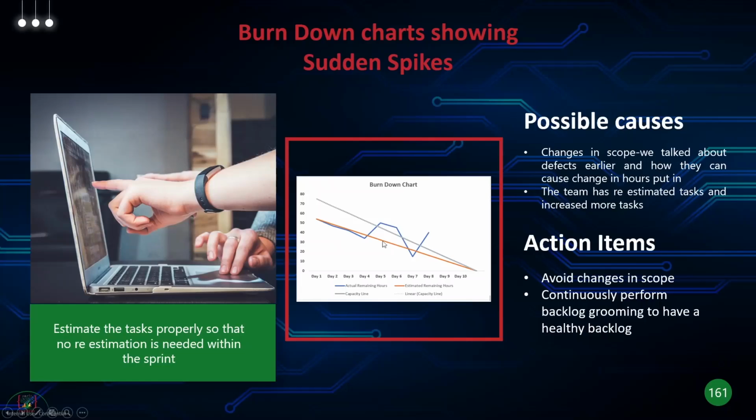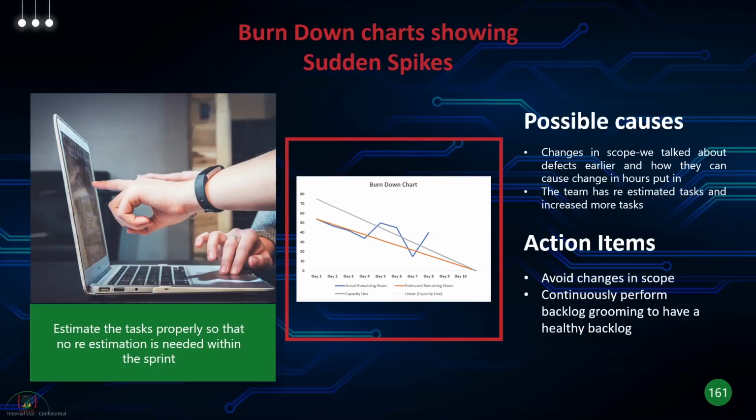So, the possible causes could be there might be a change in scope, right? The team members may not have put in the hours properly. So, once they put in the hours, your actual remaining hours went down. That could be one thing.